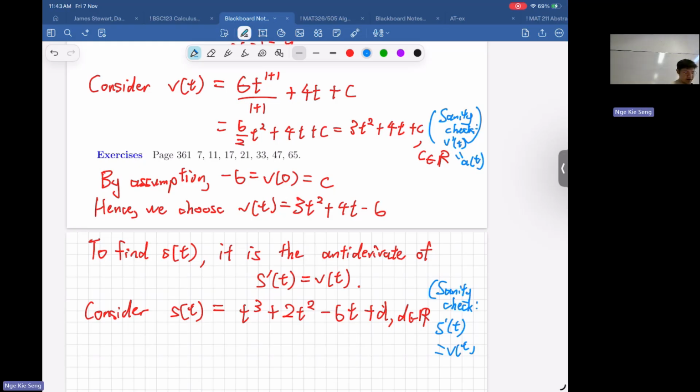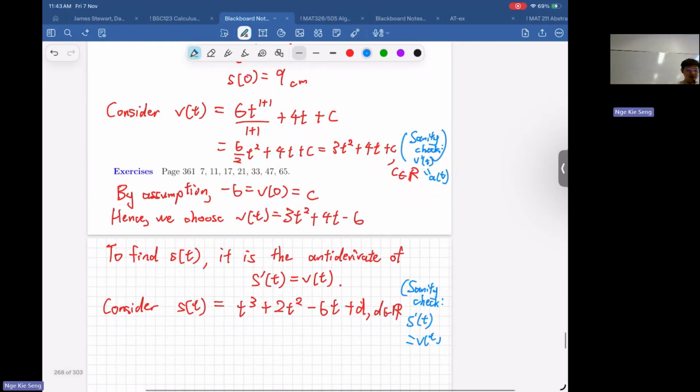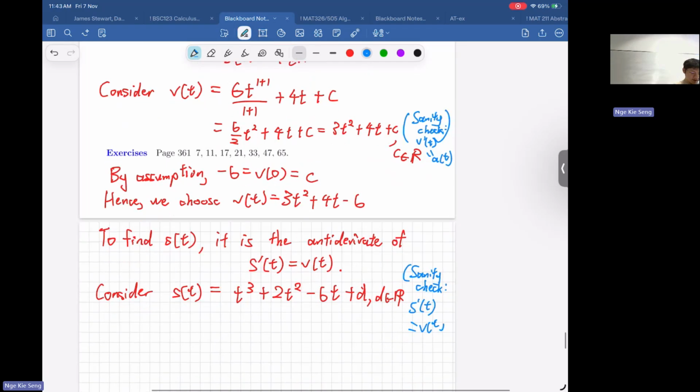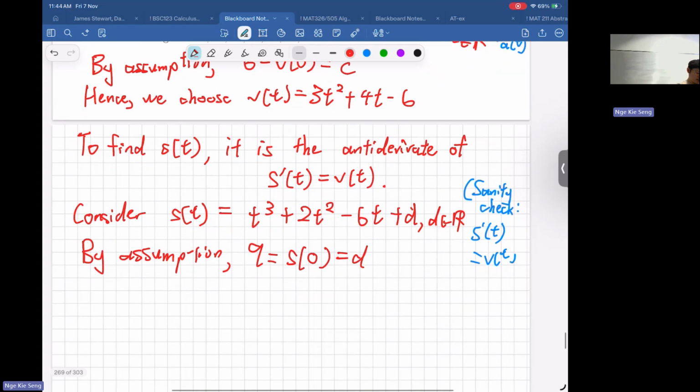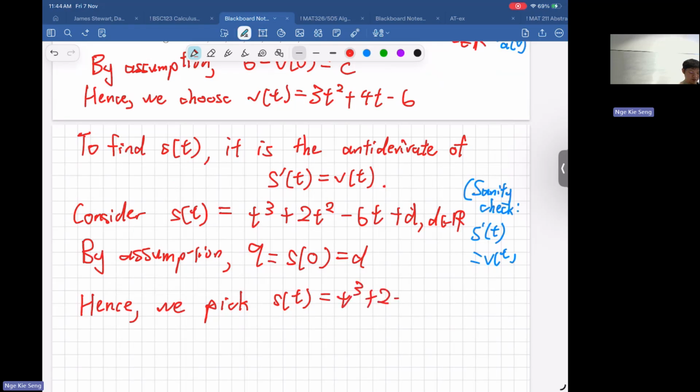But again, this graph here is chosen at a point which is (0, 9), S(0) equals 9. So you need to pick your D now. By assumption again, 9 equals S(0). If you substitute 0 into your S(t), what do you get? You just get D. So your D is 9. Hence, we pick S(t) equals t cubed plus 2t squared minus 6t plus 9.